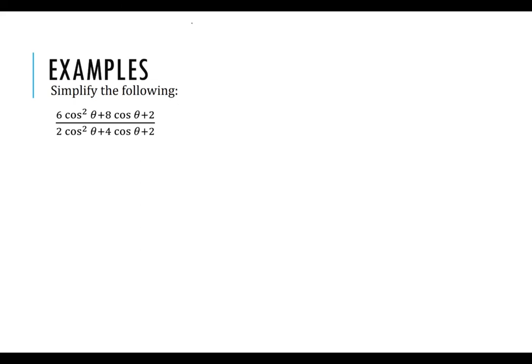I recognize that on the top 6 times 2 is 12, and two numbers that multiply together to give me 12 but sum to give me 8 are, luckily enough, 6 plus 2, and so I can use the AC method to rewrite this and force the factor by grouping. That's going to be 6 cosine squared theta plus 6 cosine theta plus 2 cosine theta plus 2.